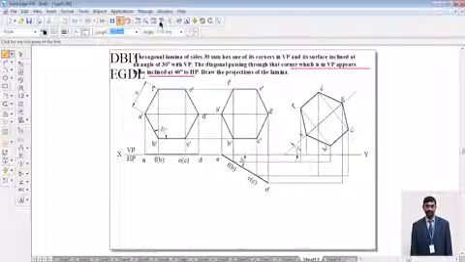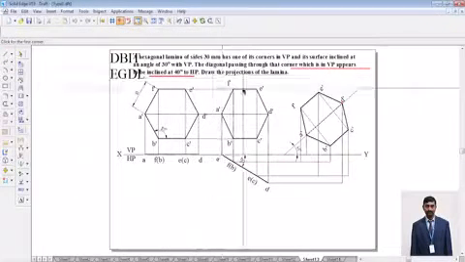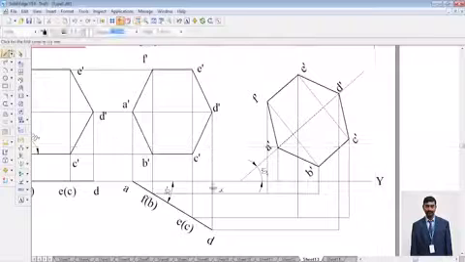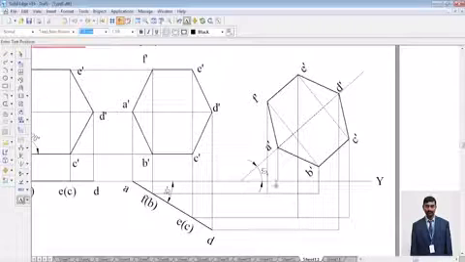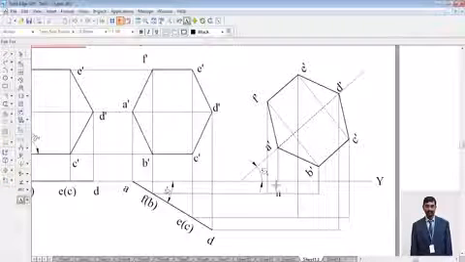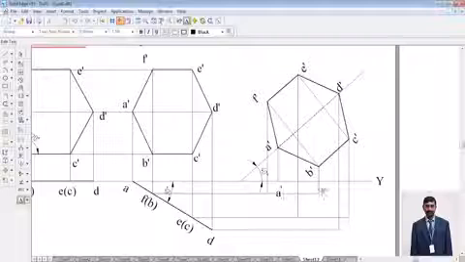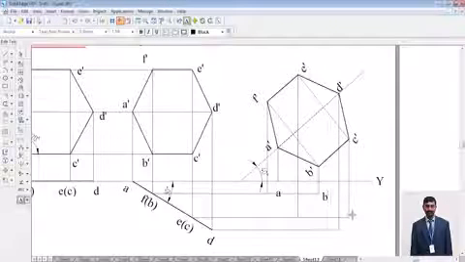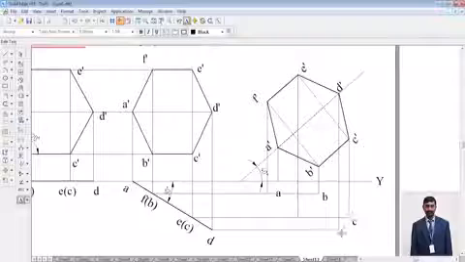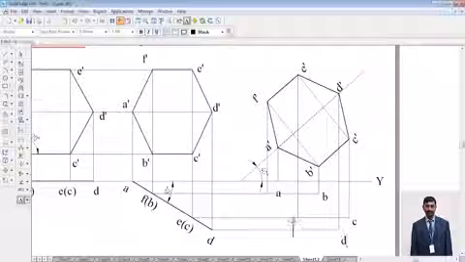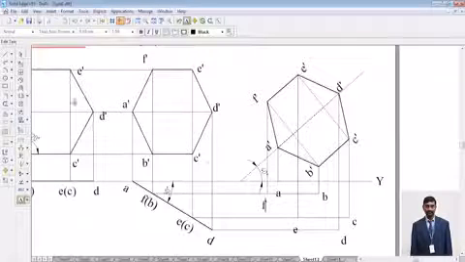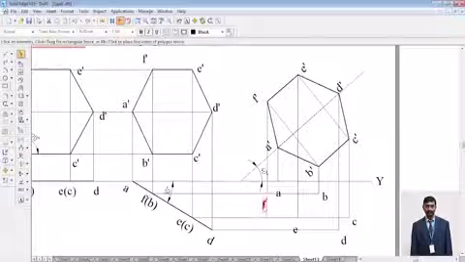Now I am going to mark the corners. This is corner A, B, C, D, E, and F. So these are the corners we have.